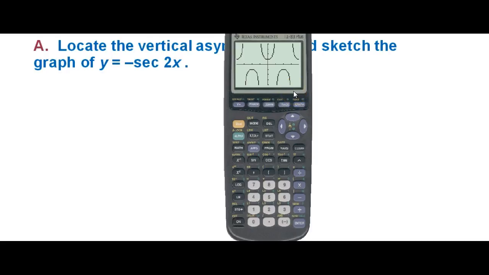So now, noting that since this is 1 over cosine, we do have a point at 1 where the angle is 0, and it's going to be the inverse of cosine. So wherever we were used to cosine coming back to the x-axis, we now have an asymptote.